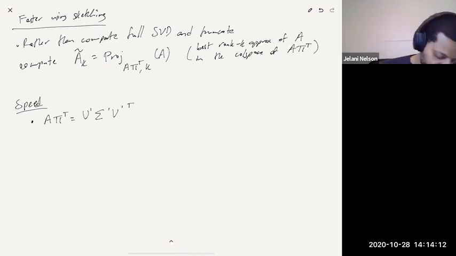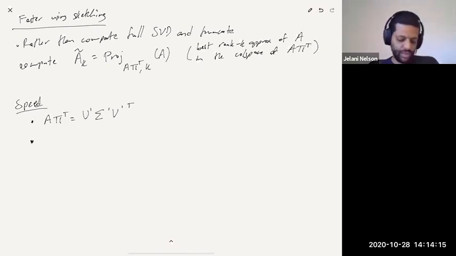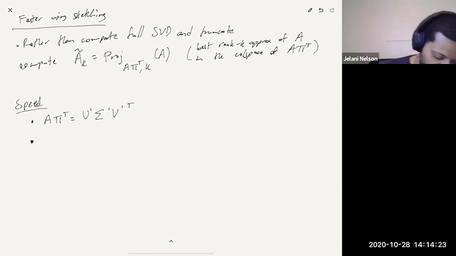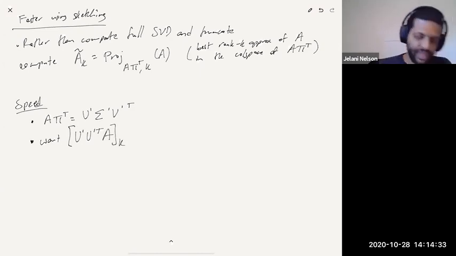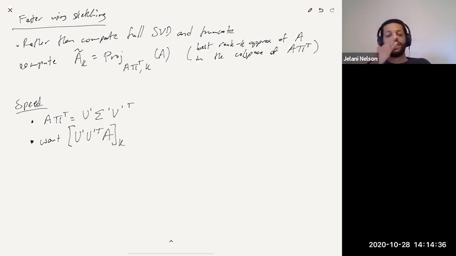Then I look at the projection of A onto the column space of A pi transpose, which is U prime transpose A. And I use this bracket K notation to mean the best rank K approximation to that thing.